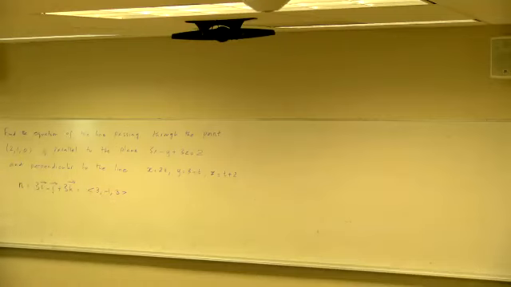Now I have another line. The line here is x is equal to 2t, y is 3 minus t, z is equal to t plus 2.